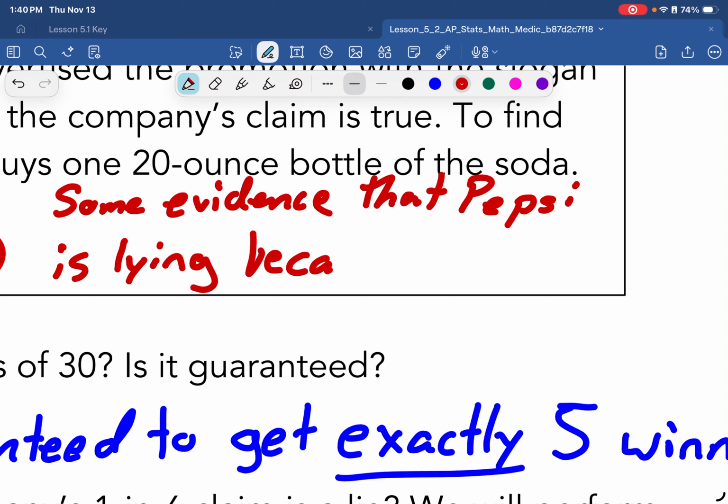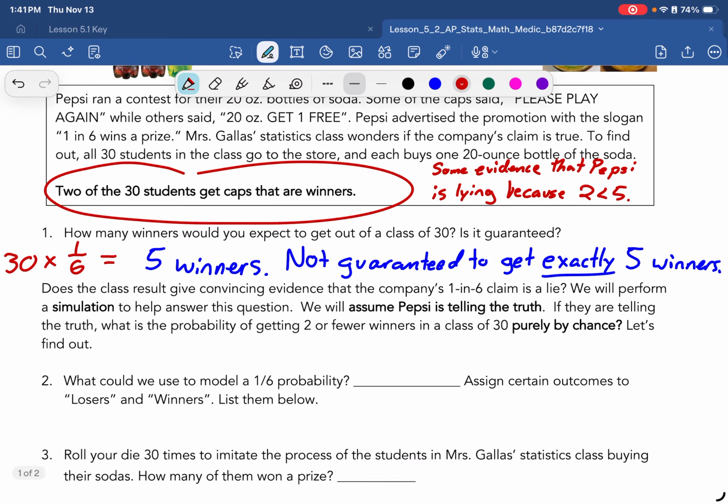The reason that goes in my head is because 2 is less than 5. This class only got 2 winners. We expected 5. It's not guaranteed to get 5 winners, but I think we expected more than 2. So what's up with that?